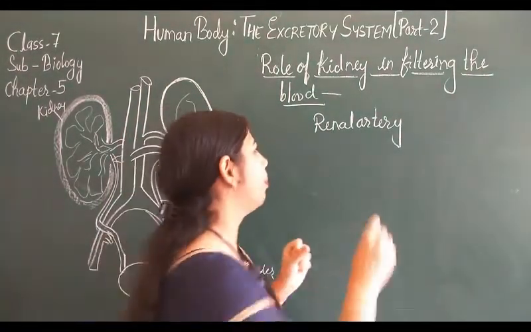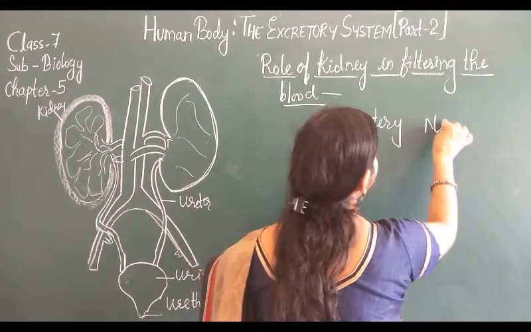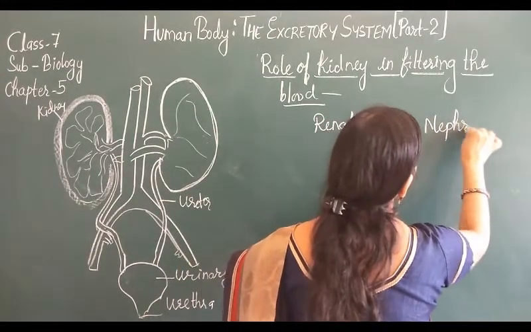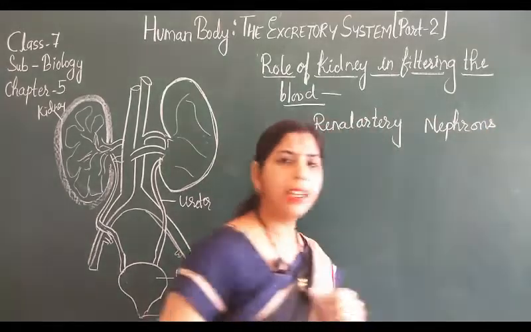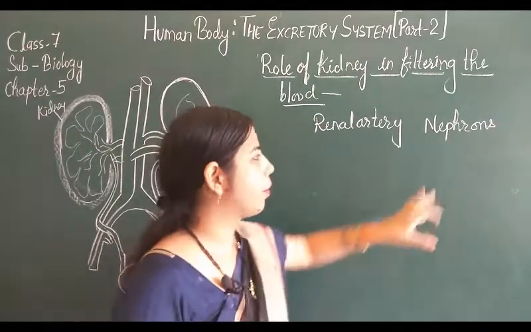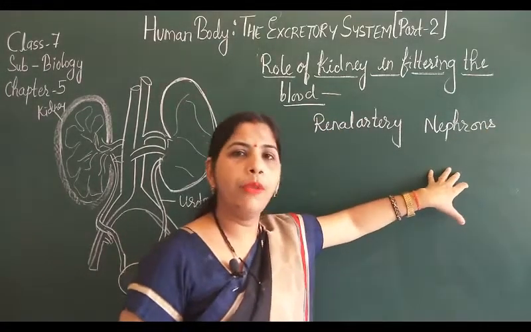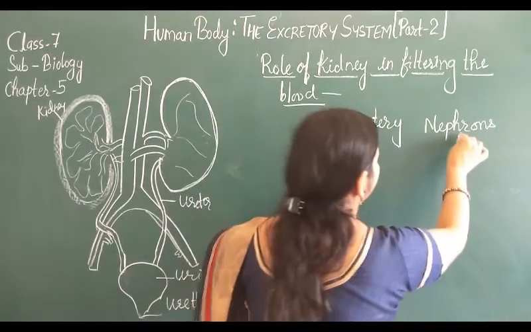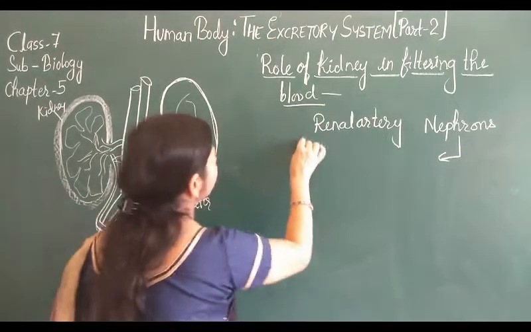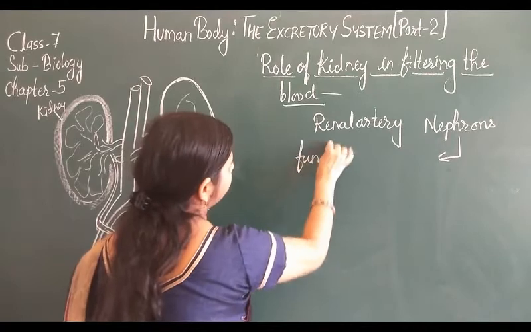filter. But how? Because the kidney has millions of nephrons. The kidney has millions of nephrons and it is known as the filtering unit of blood. It is also known as the functional unit of kidney.